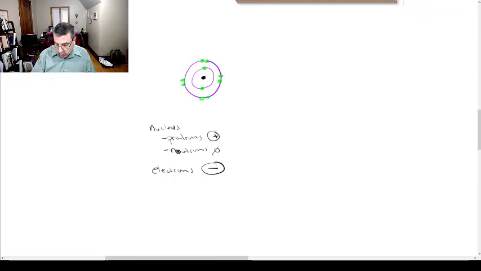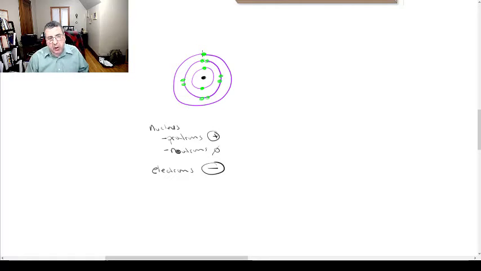So now our total number of electrons is 8 plus 2, which is 10. Now we said the sodium had what number? 11. It had 11 protons, so therefore it has 11 electrons. So we have one more electron missing somewhere. So let's put another electron in here. Okay. And now we have that one more electron.